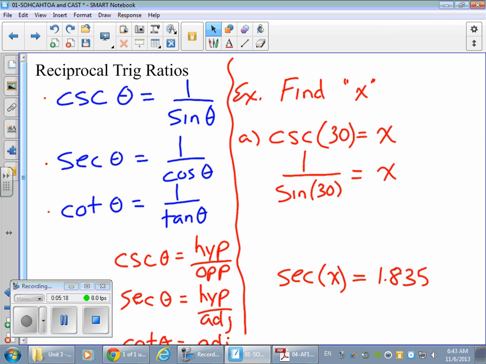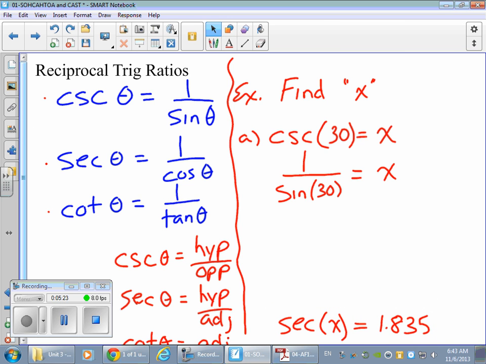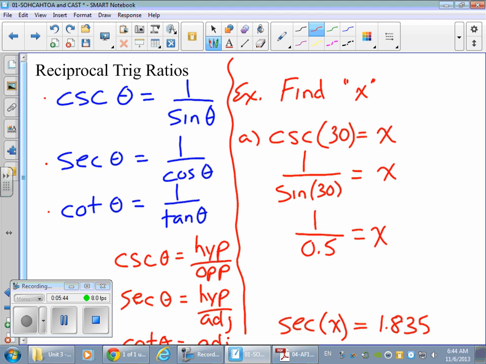Then essentially I'm looking to solve this equation, just as we've done with any other equation in the past. Sine of 30 is 1/2 or 0.5, so this is 1 over 0.5, and 2 is our value of x in the first case.